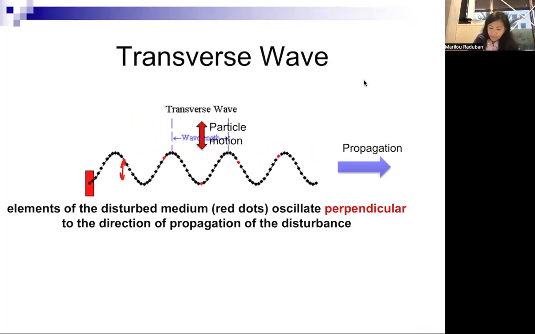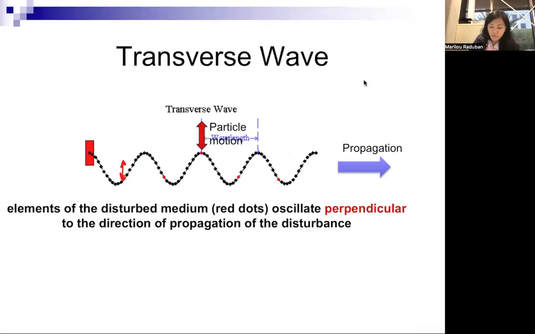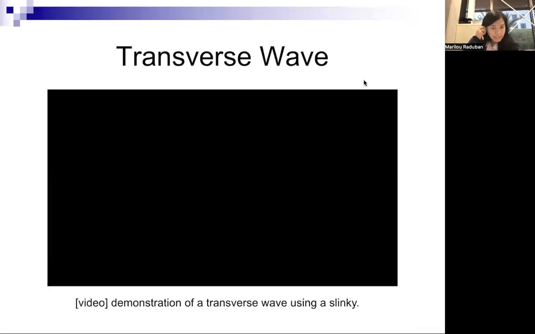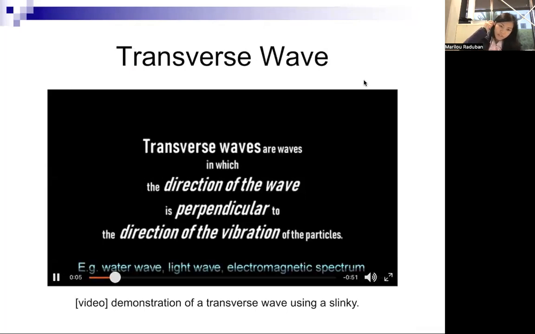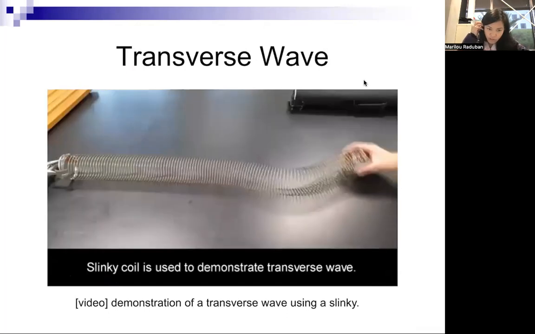We can model a transverse wave using a slinky. So here's a demonstration of a transverse wave using a slinky. This video doesn't have sound, so that's fine if you don't hear anything.